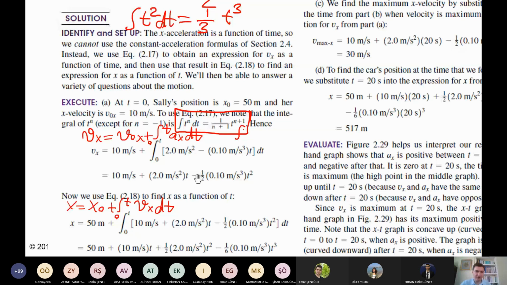Instead of vx, I just use this one, and here I have dt, and if you take the integral of this one, finally we can find the solution for the position as a function of time. Is it okay? Any question here?